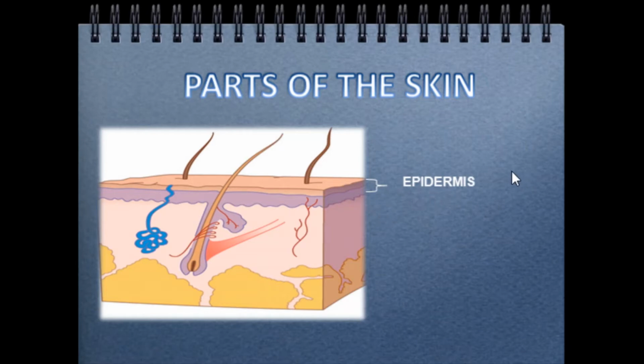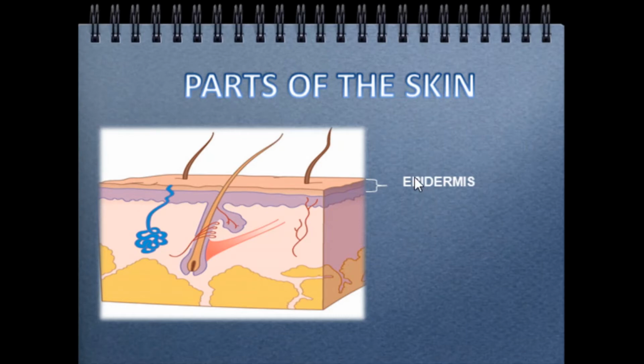Epidermis is the outermost layer of the skin and is the thinnest among all the layers. It is the first hand to protect us from harmful rays or harmful substances that touches our body.